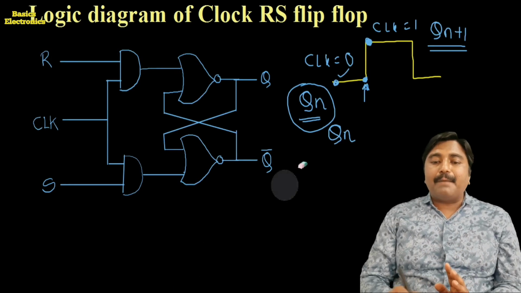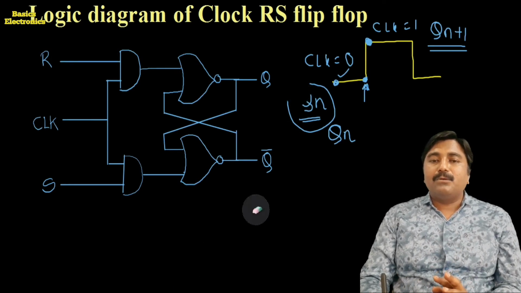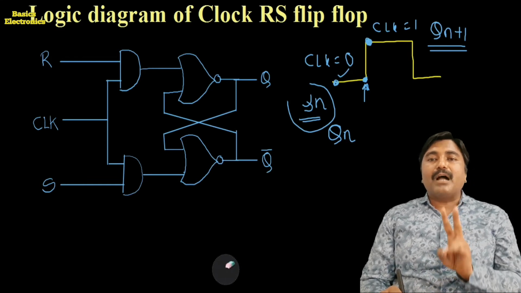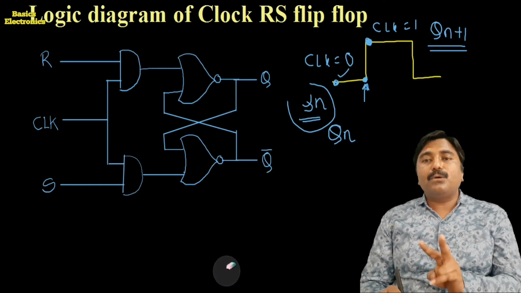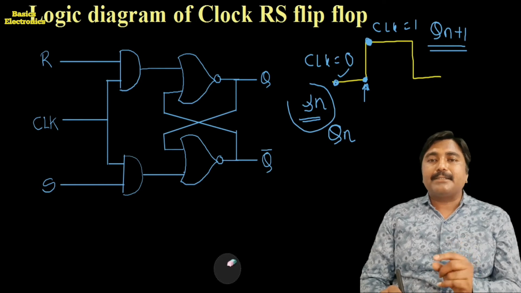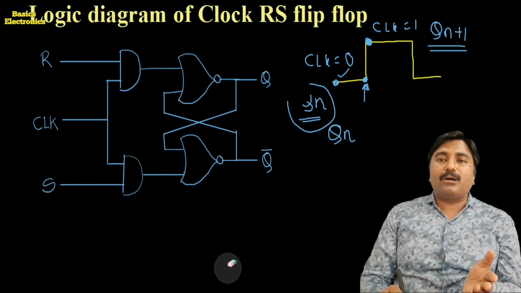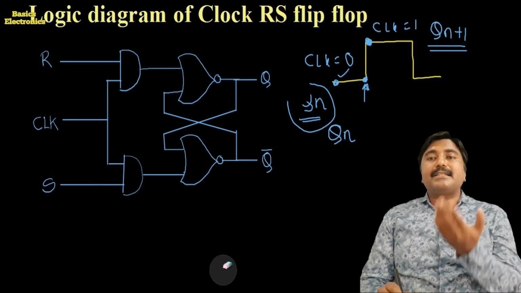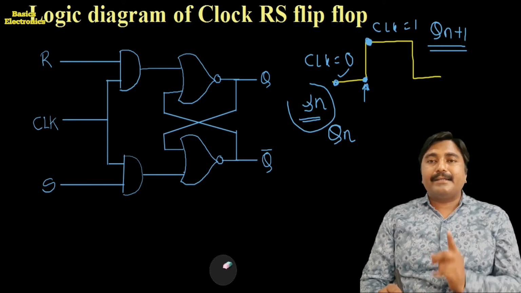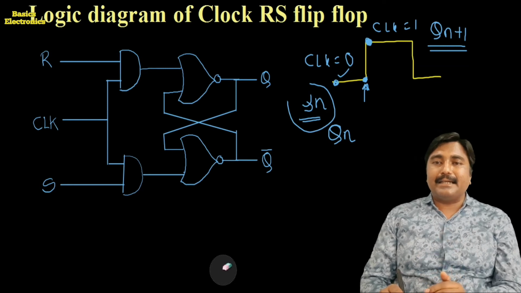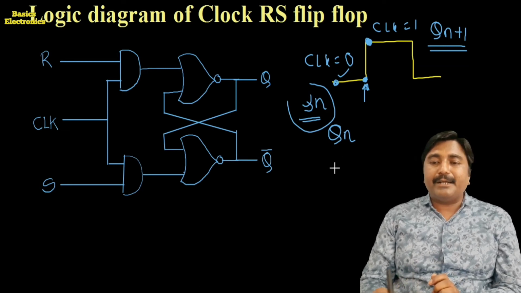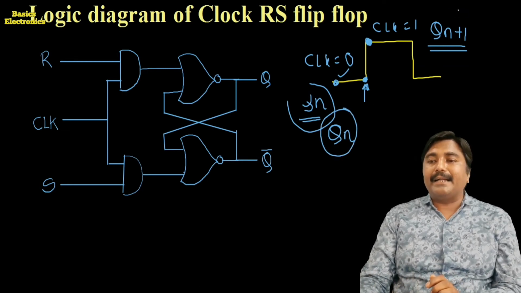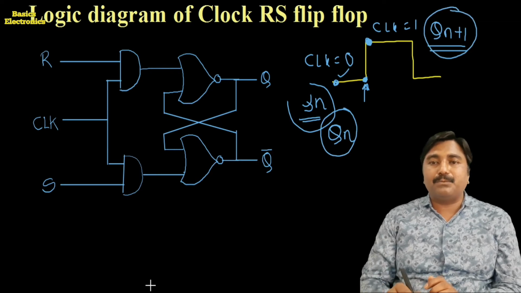In the truth table we consider the two output times. One is just before the clock goes high, the previous condition, and one is just after the clock goes high, the latest condition. We denote them by Qn and Qn plus 1.